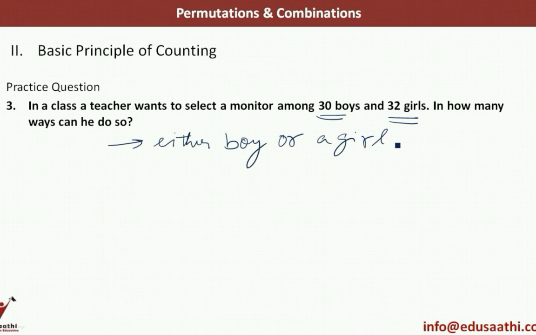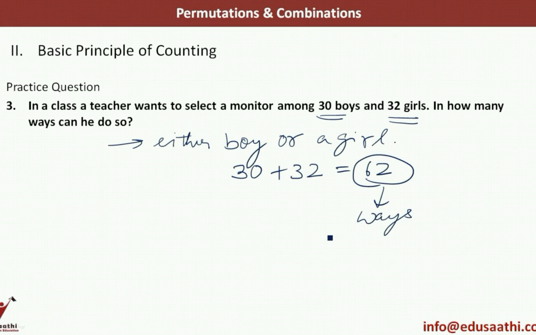This is a simple question, right? The total number of students is 30 plus 32, which is 62. So I will have 62 ways of selecting a monitor, because I can choose anyone as a monitor. The basic reasoning is that I can choose a boy or a girl. Wherever 'or' comes, I use the plus sign, and I have 30 plus 32, which is 62 ways.